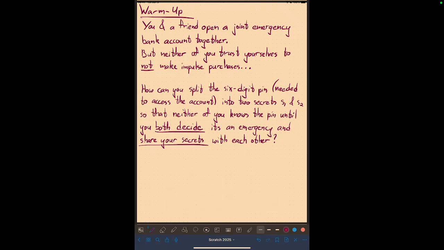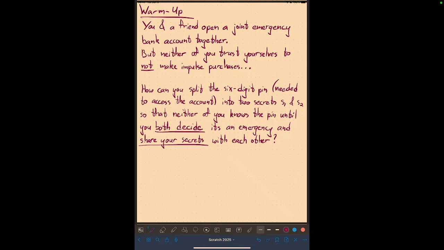Let's say you and a friend open up a joint emergency bank account. But neither of you trust yourselves to not just use it whenever you want, to not impulse buy. So there's a 6-digit PIN to get into the account, but you don't want either of you to have it.